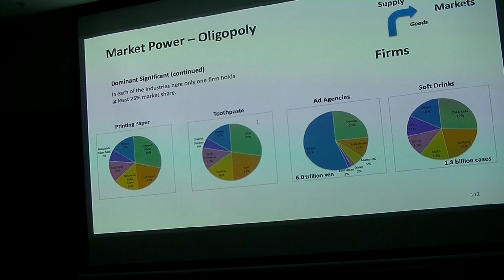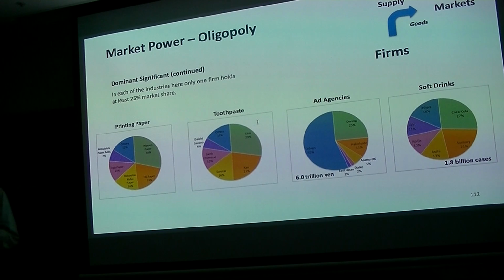We've got printing paper, toothpaste. It's interesting to note the toothpaste. I would think, well, gee, you'd have a dominant industry in toothpaste, because toothpaste is toothpaste, but I guess it's not. For me, I don't know.